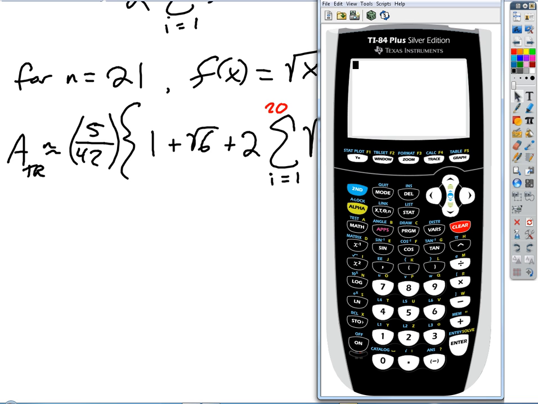Okay. 5 divided by 42 times. Open up a set of brackets because we have to have that. That's times a whole bunch of stuff, right? Times 1 plus square root of 6. Good.